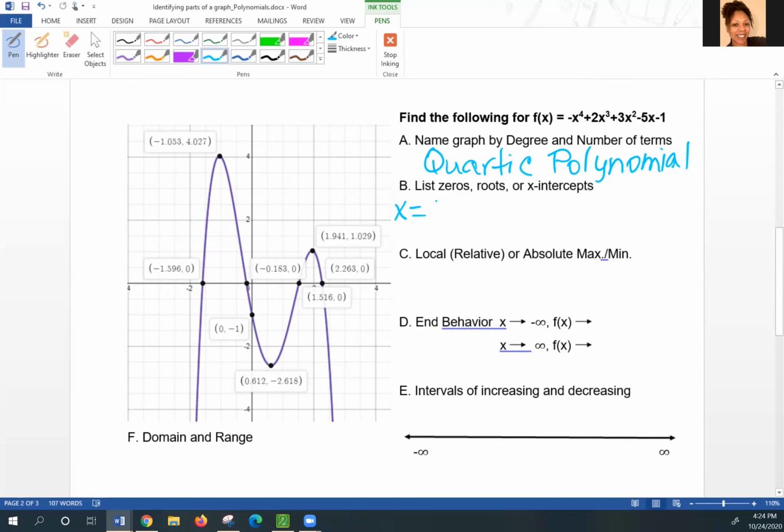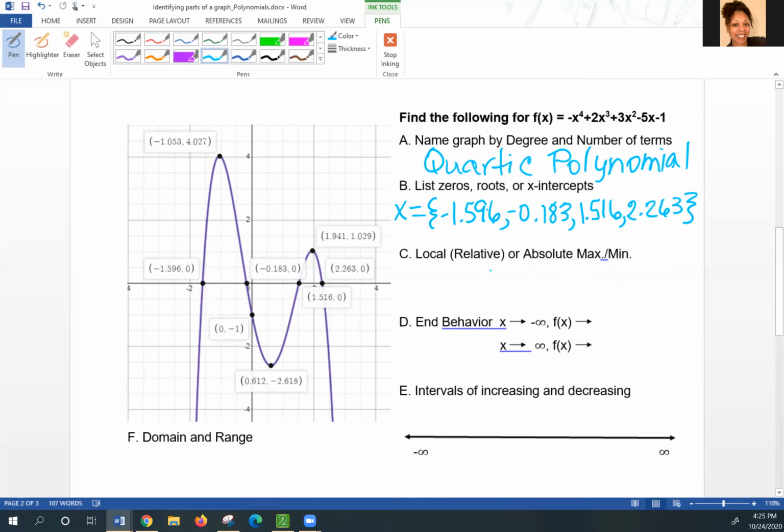So my x values here are negative 1.596, negative 0.183, 1.516, and 2.263. Again, I know that I'm supposed to have 4 zeros or 4 x-intercepts. They do not all have to be on this x-axis because some can be non-real. These just happen to be real numbers.